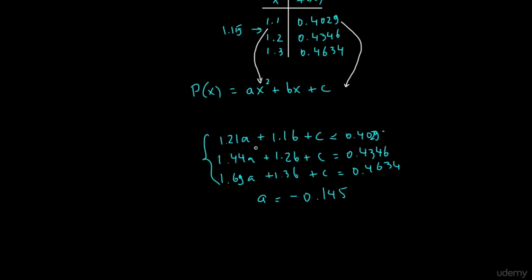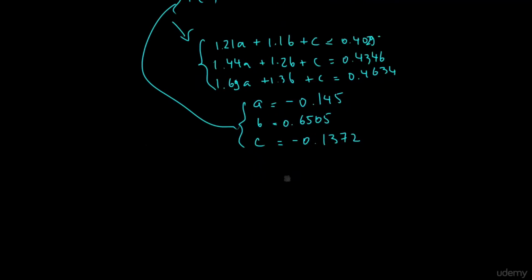Now, before I continue, I have to say that at this moment, we cannot really assume that there is even a solution to all of this, because the coefficient matrix may well be singular and we might not get solutions. But in this particular case, because I'm doing this demo, we are lucky. We have a solution, and that solution is as follows. The value of a is minus 0.145, the value of b is equal to 0.6505, and the value of c is equal to minus 0.1372.